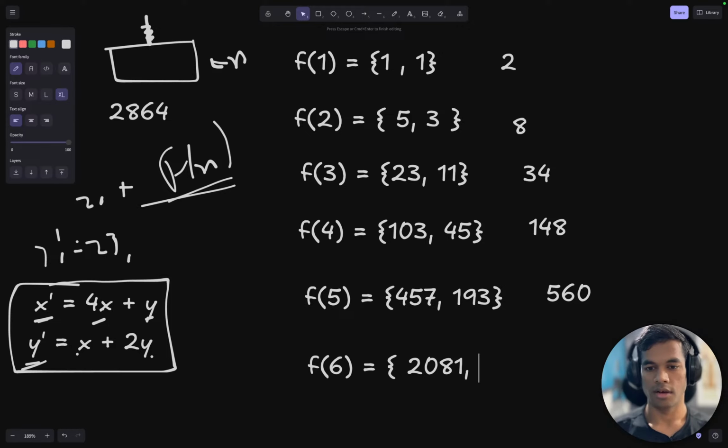And then the new y value would be 456 plus 300 plus 386.